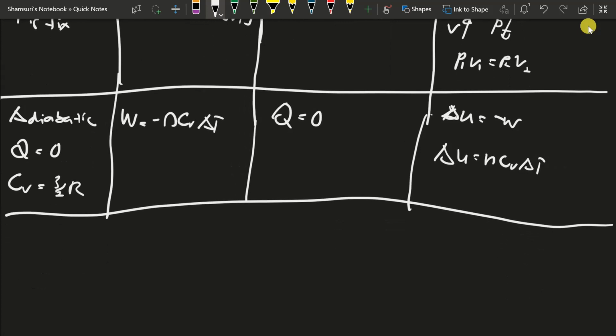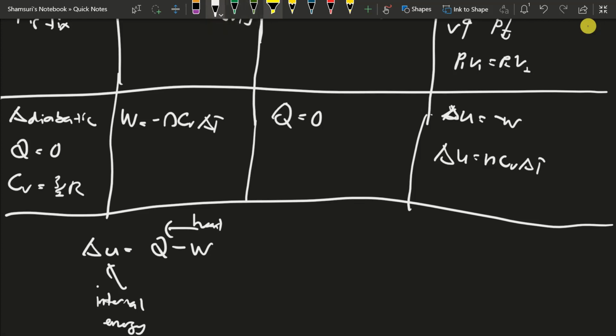So we already know that the change of internal energy delta U is Q minus W. We know that this is internal energy, this one is heat, and this is work.